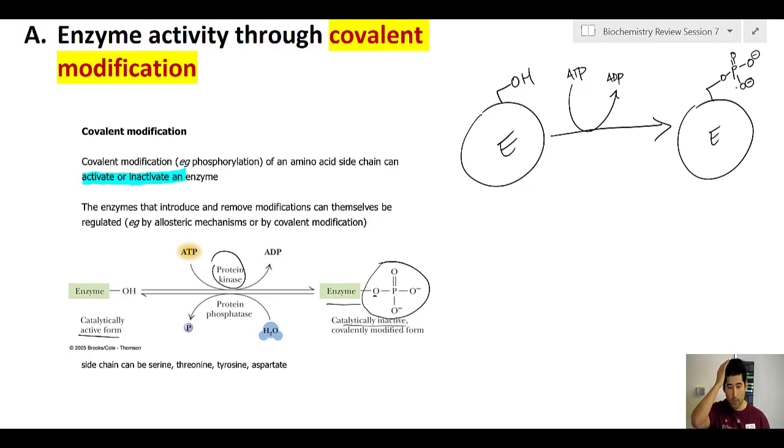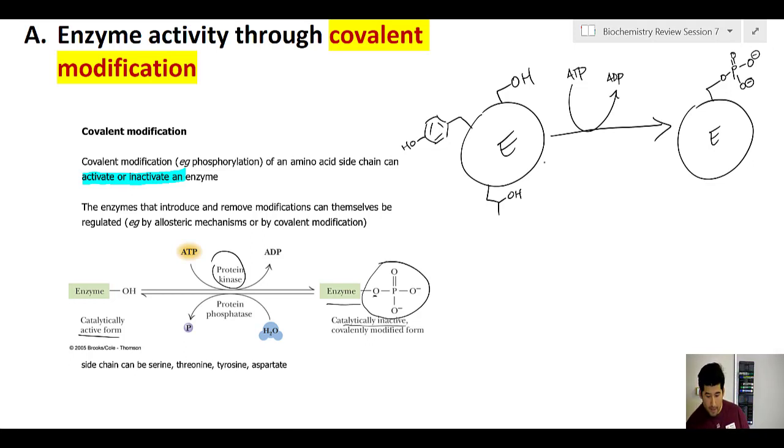What amino acid residue was covalently modified on this enzyme? Serine. What other amino acids can be phosphorylated? Tyrosine, threonine. So tyrosine can also be phosphorylated, and threonine, and also histidine, but your textbook doesn't talk about that, so let's not get into that.